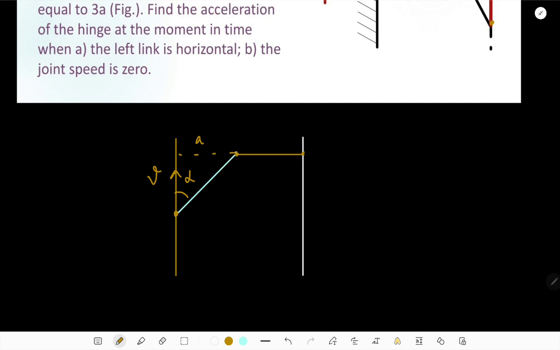The hinge is at rest with respect to this moving thing, and the problem is the same. The joint speed is 0 thing is the same problem. Just if we reverse the whole situation, this is the same problem as before. Think about it. I'm not going to solve it because there is nothing to solve about it. Thank you very much for watching.